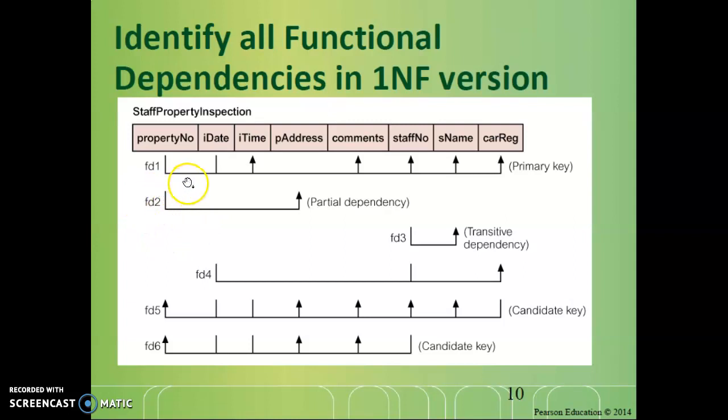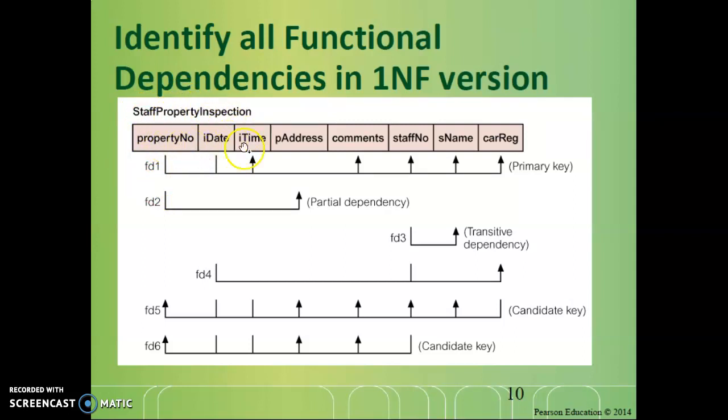In the set of candidate keys, the set with the minimum number of attributes is selected as the primary key. So for our table, the primary key is identified as property number, I date.